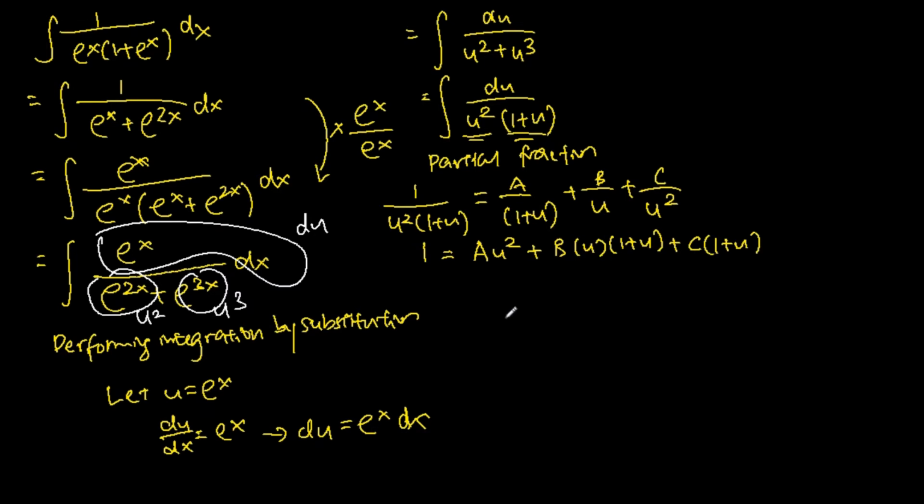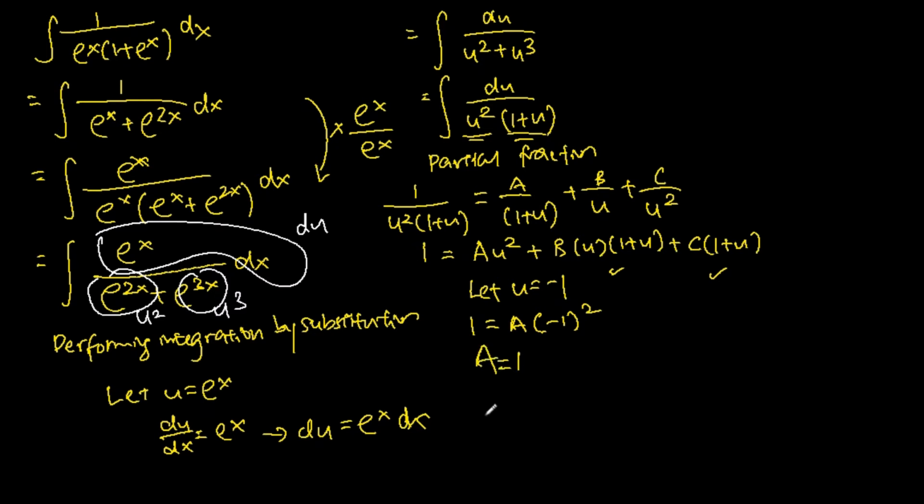Alright, and then we let u be equal to -1. So when u is equal to -1, the second term disappears, the third term disappears, so we are left with 1 is equal to A times -1 squared, which means that A is equivalent to 1.